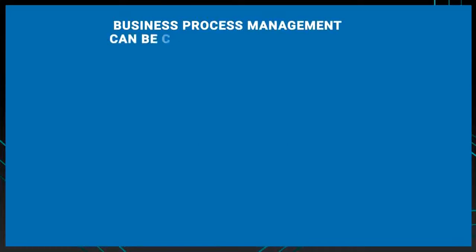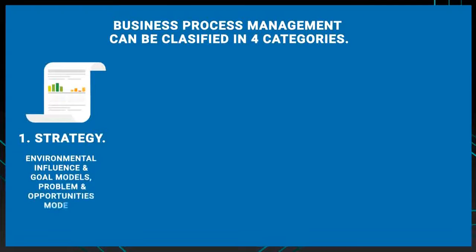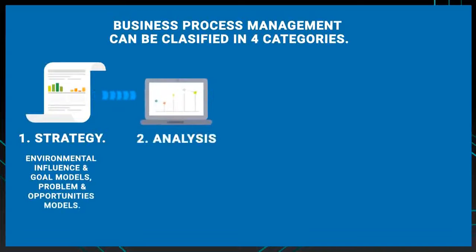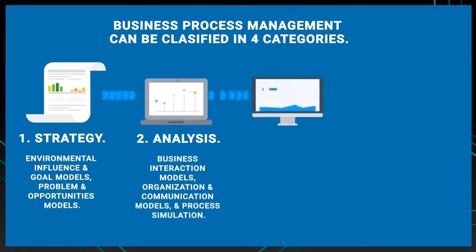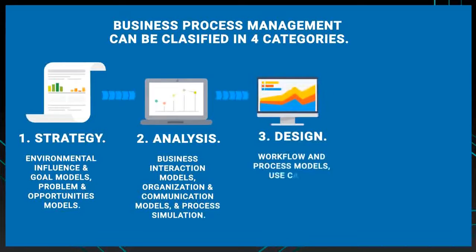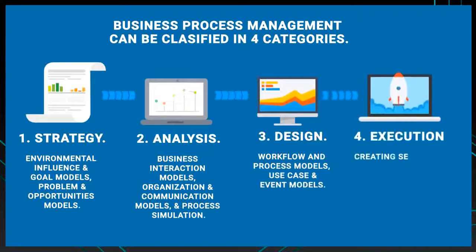Business process management can be classified in 4 categories. 1. Strategy. Utilizing tools like environmental influence and goal models, problem and opportunities models. 2. Analysis. Using tools like business interaction models, organization and communication models, and process simulation. 3. Design. Workflow and process models, use case and event models. 4. Implementation execution.